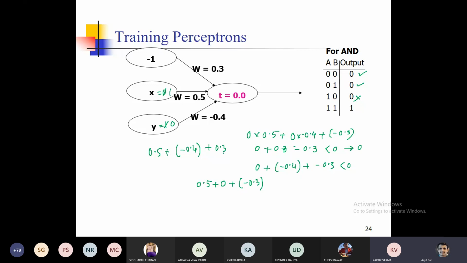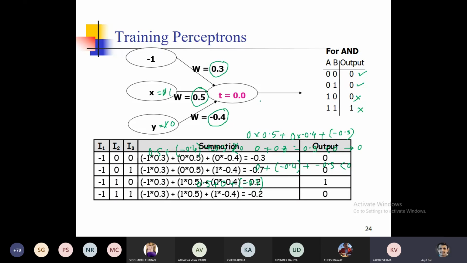Definitely it is greater than, oh no, sorry, minus 0.3. It is less than 0, so this is also wrong. So whatever weight you have given, you have to change this weight. So you can say that the output is something like that.